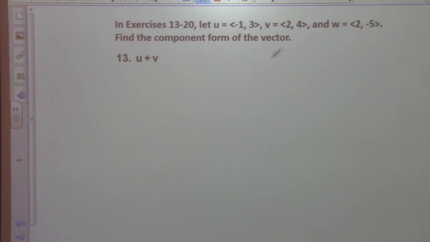So U plus V, you can write this out differently. I like, for something like this, to write these out in horizontal component form. So I'm going to put -1, 3 plus V, which is 2, 4.